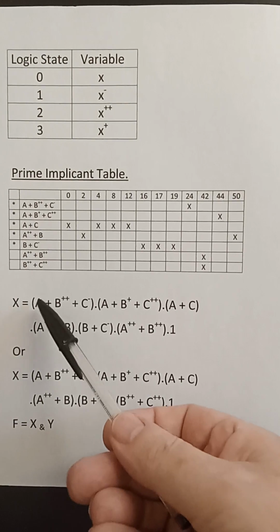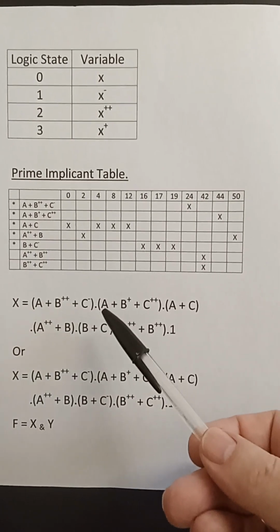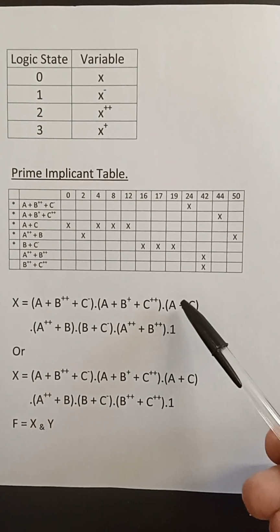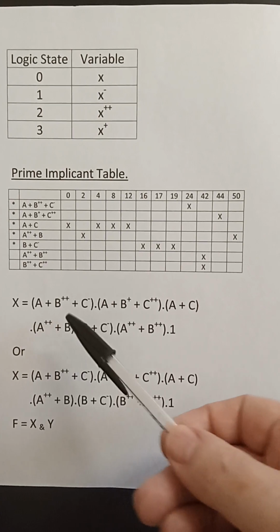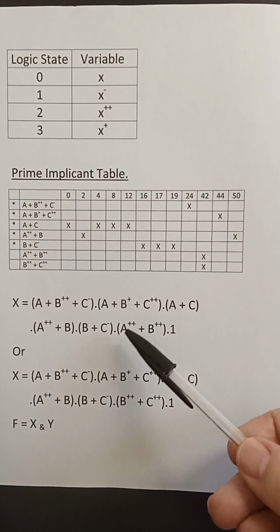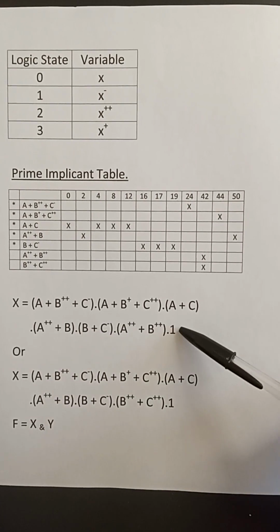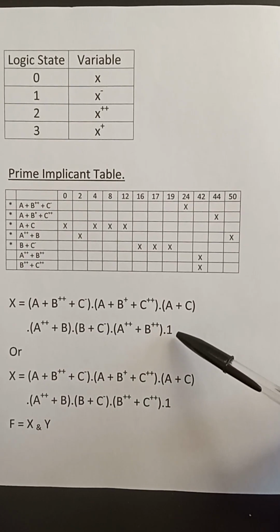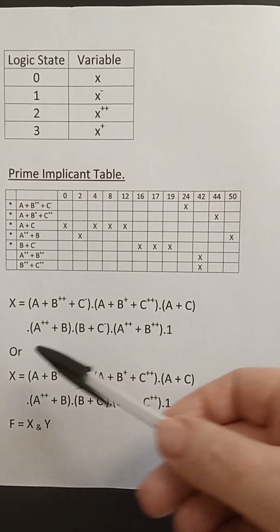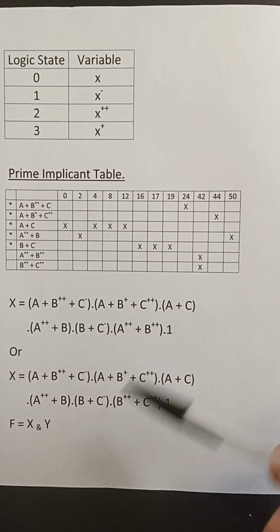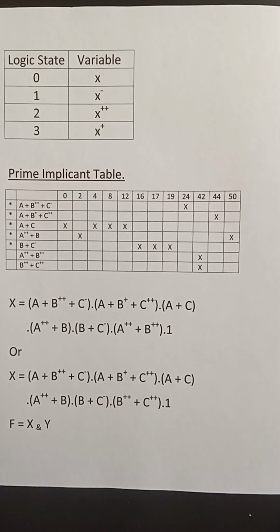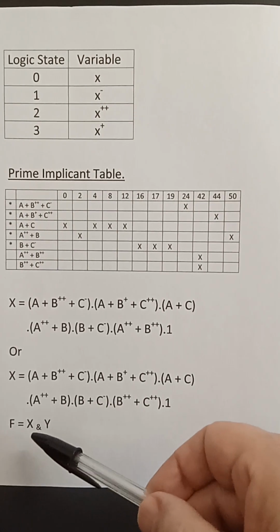This is A max B plus plus max C minus min A max B plus min C plus plus min A max C min A plus plus max B min B plus C minus min max A plus plus max B plus plus. And again, you add a constant logic state to the expression to make it two-valued. That's a quaternary logic one. That expression has A plus plus and B plus plus in it. The next expression is the same except it has B plus plus and C plus plus in it. Of course, F equals X ampersand Y.